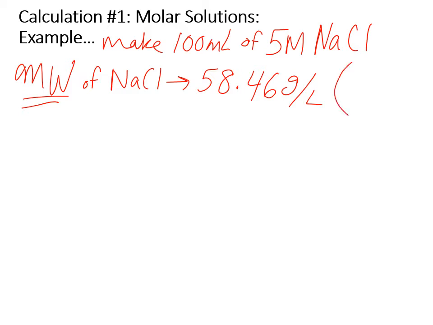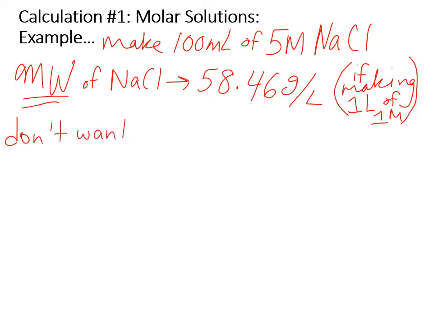So that's the amount you would need if making 1 liter of 1 molar NaCl. But what do you notice? We don't want 1 molar. What do we want? I know I sound like a cheerleader. What do we want? We want 5 molar.